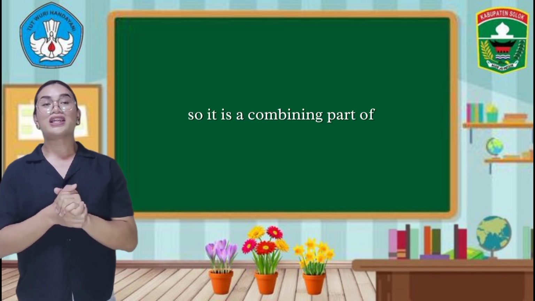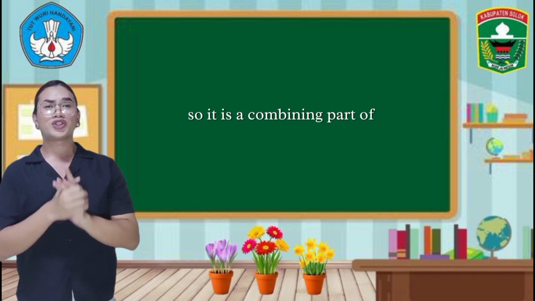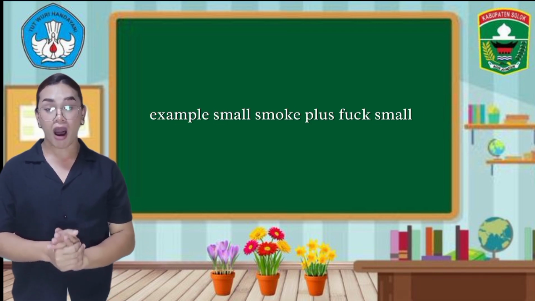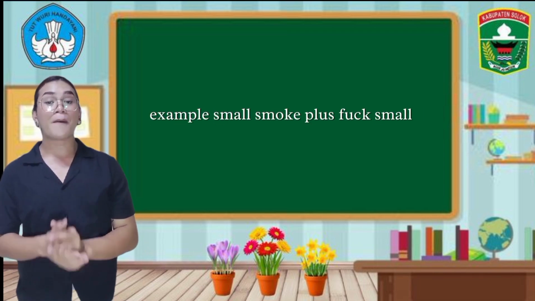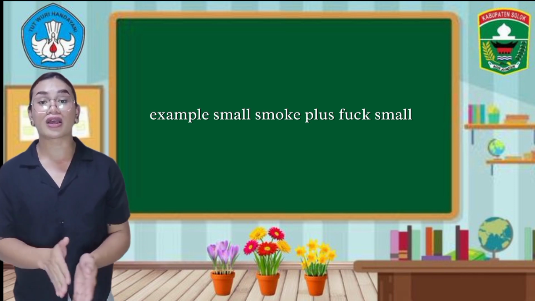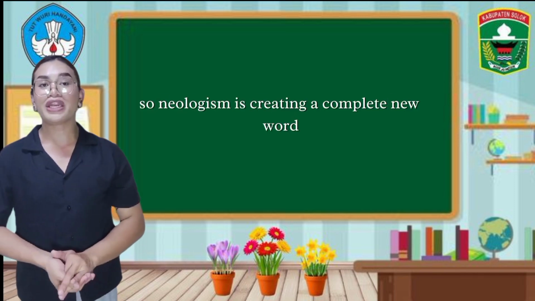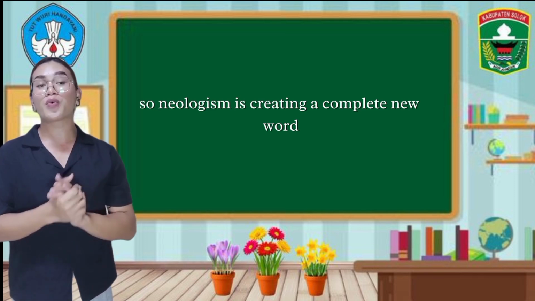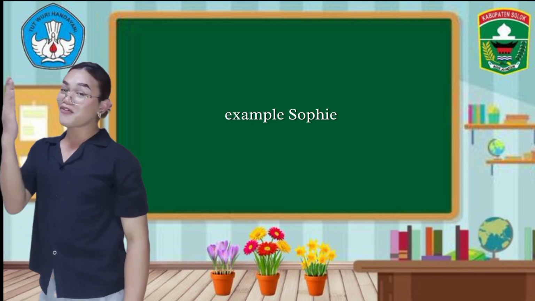Blending is combining parts of two words to create a new word. Example, smog. Smoke plus fog, smog. Neologism is creating a completely new word. Example, Sophie.